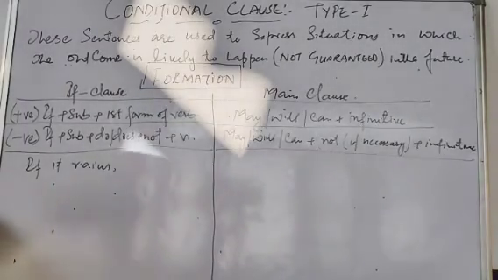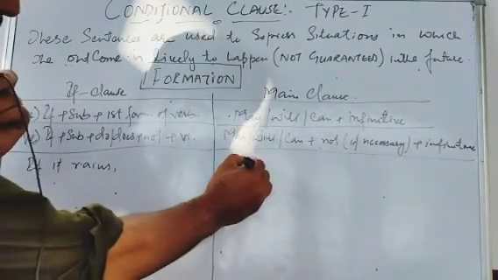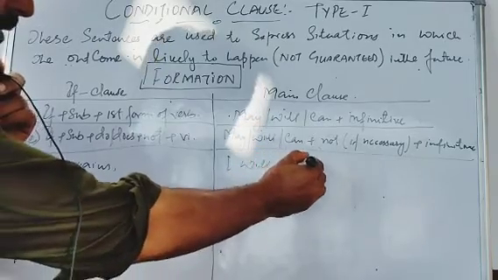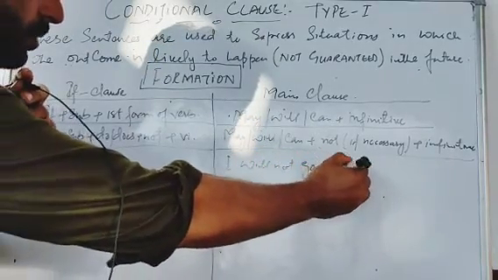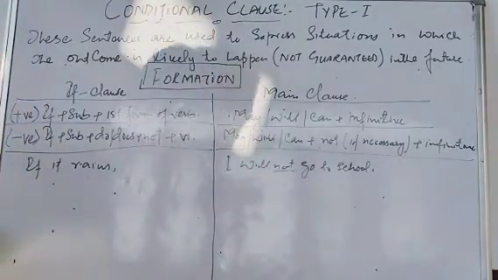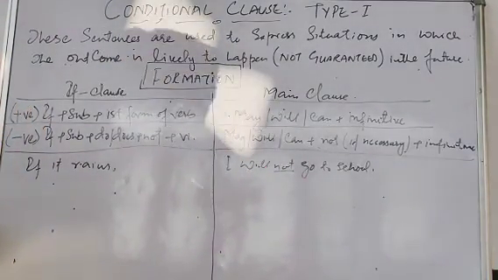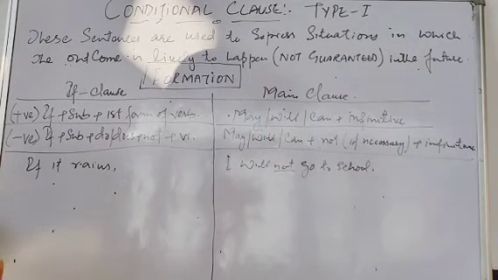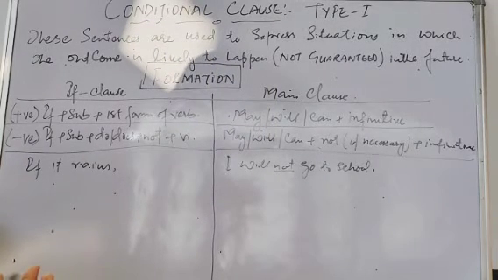If it rains, I will not go to school. This "not" is required here because it can make the sentence meaningful. However, it's not necessary.